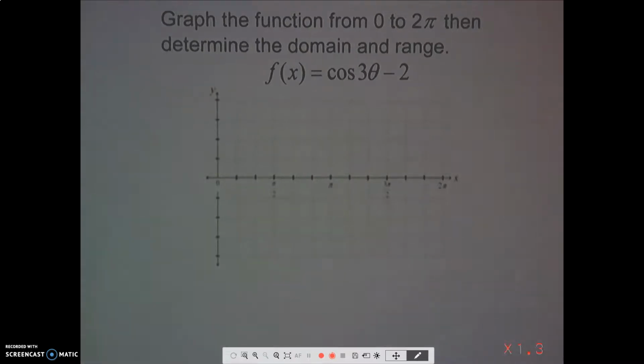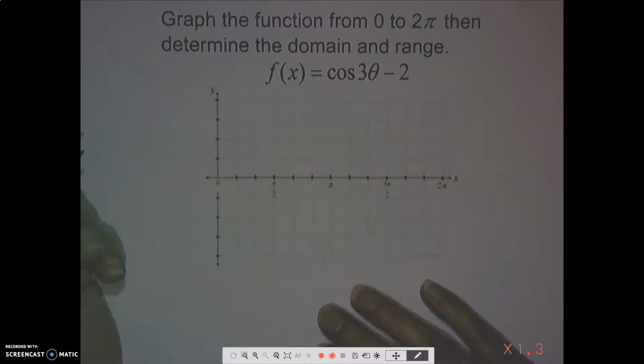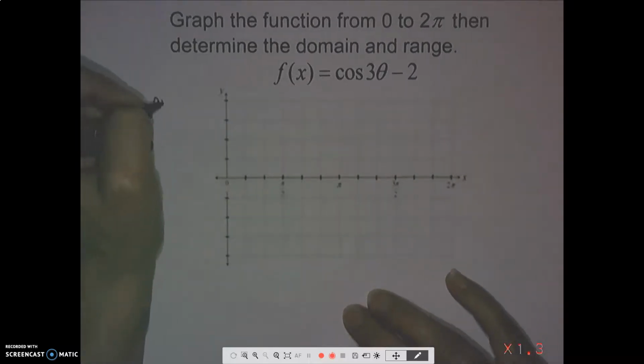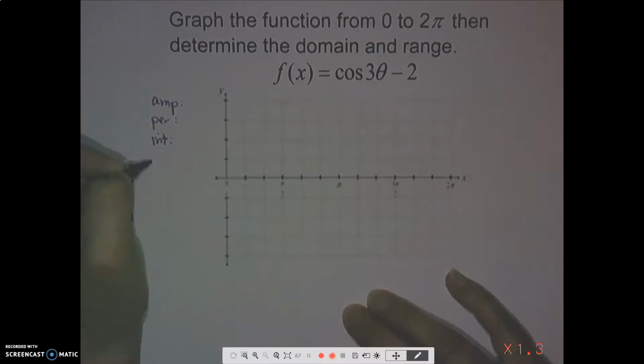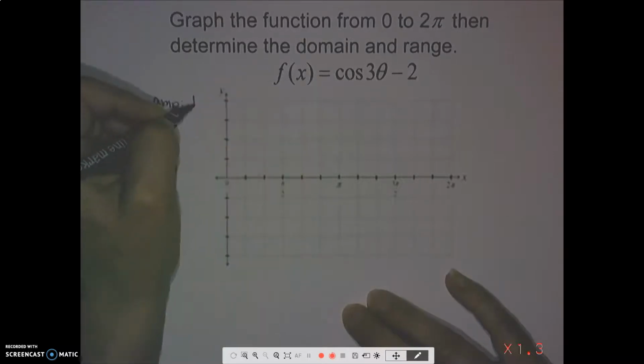So here we have f of x equals the cosine of 3 theta minus 2. So again, regardless of what function it is, we still need to find the amplitude, period, intervals, and then what change happens to it. So our amplitude is 1.